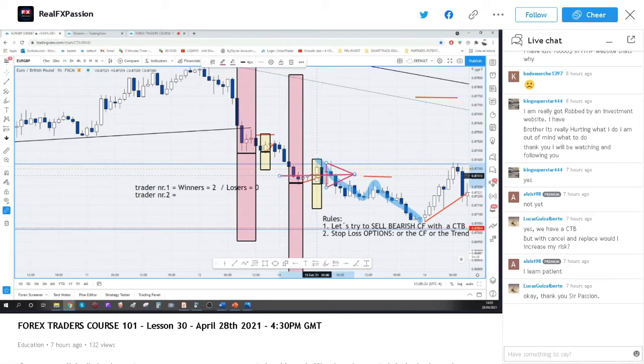There is no right or wrong. They are just different. We don't have the crystal ball, right? It looks like it's going to move. What do you prefer, to leave the stop loss above the downtrend line, or do you want to get out with cancel and replace?